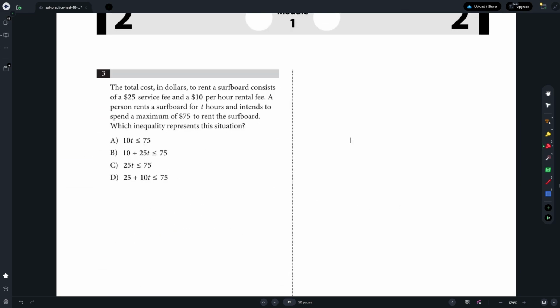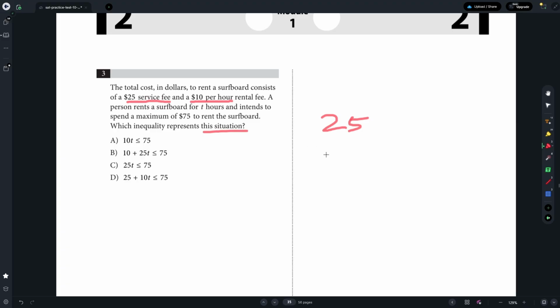Alright, number 3. The total cost in dollars to rent a surfboard consists of a $25 service fee and a $10 per hour rental fee. A person rents a surfboard for t hours and intends to spend a maximum of $75 to rent the surfboard. Which inequality best represents this situation? So $25 is just a one-time service fee, right?